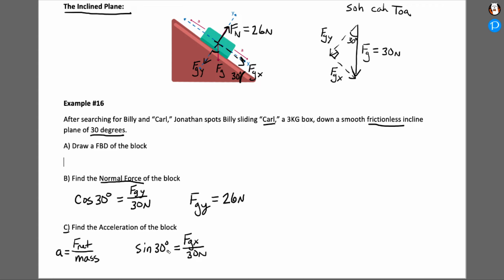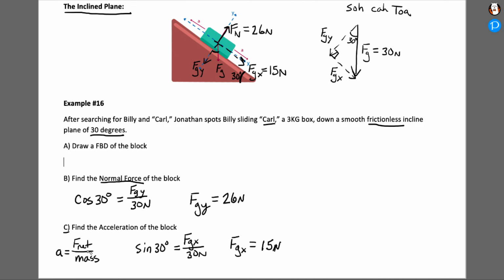We're going to multiply 30 by each side. So the sine of 30 times 30 means that FGX is equal to 15 newtons. So this component right here is 15 newtons. There's no friction working against it, and so there's my net force pulling the block down the hill.